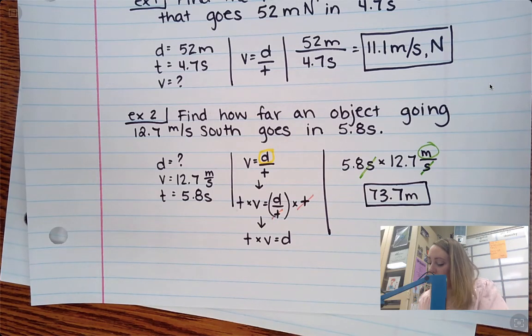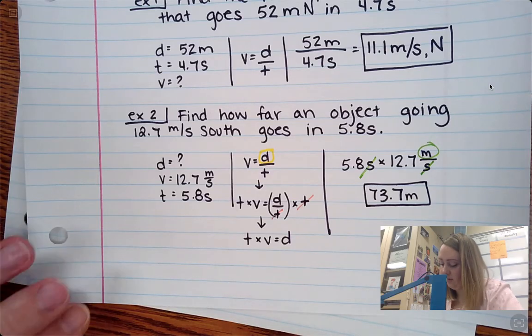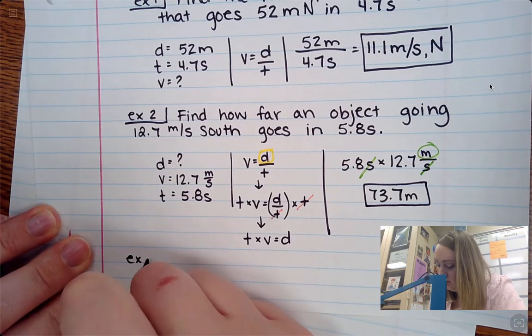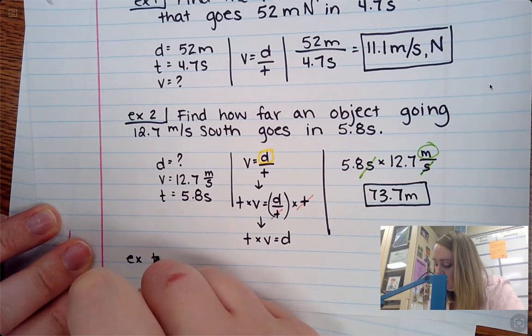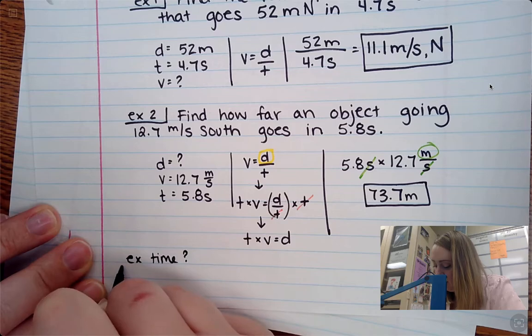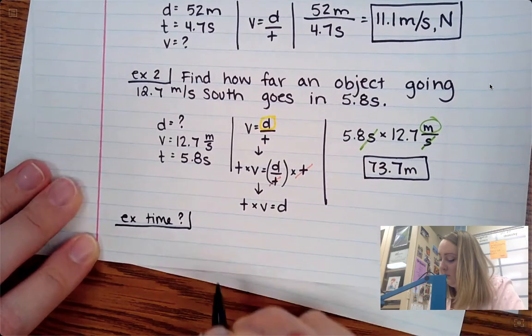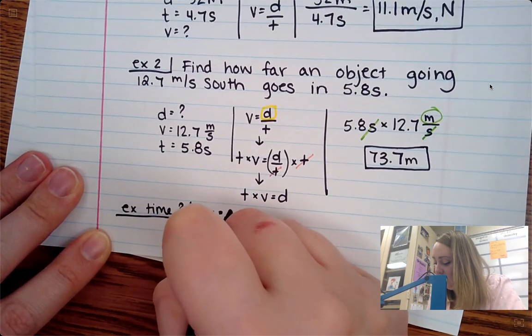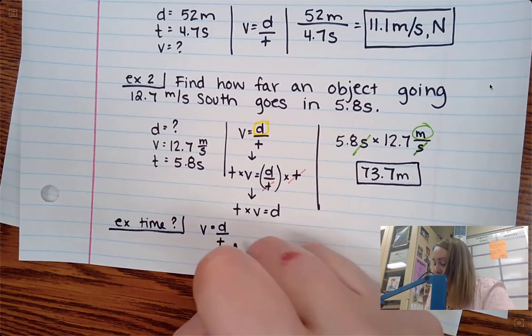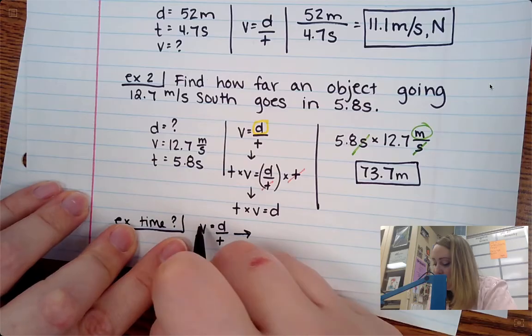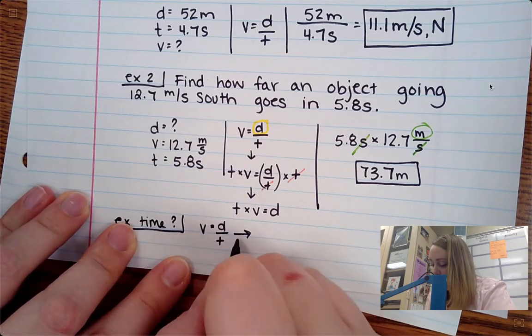Now, we're not going to work through one, but I can show you what if they are solving for time. So we know velocity equals distance over time. First thing I'm going to do is get time out of the denominator by multiplying it on both sides.